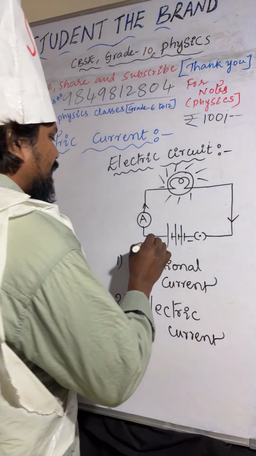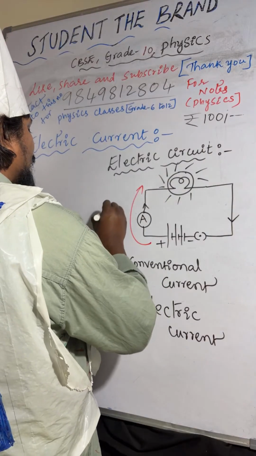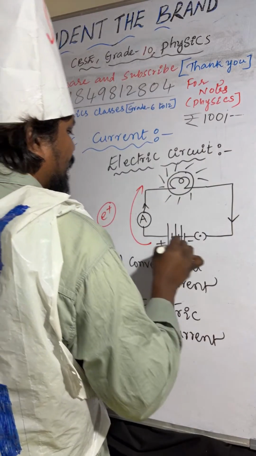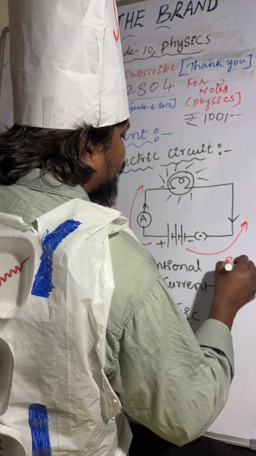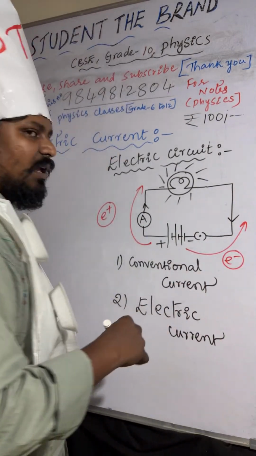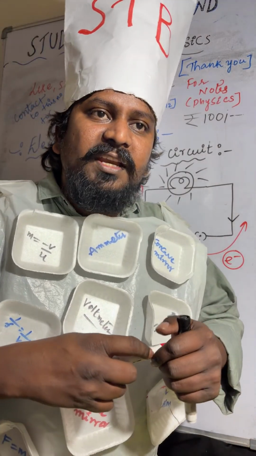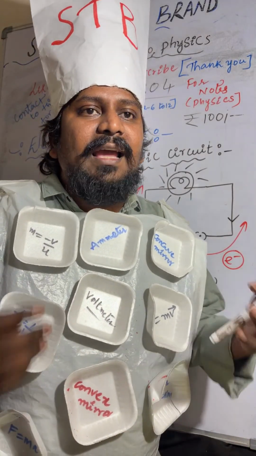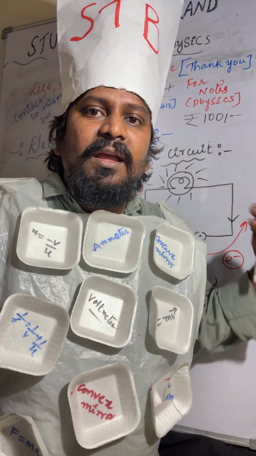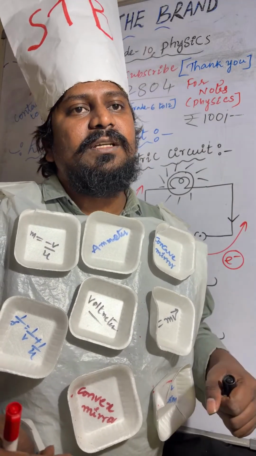So now you can observe the flow of positive charges and the flow of electrons. Positive charges move from the positive terminal to the negative terminal, whereas electrons move from the negative terminal to the positive terminal.